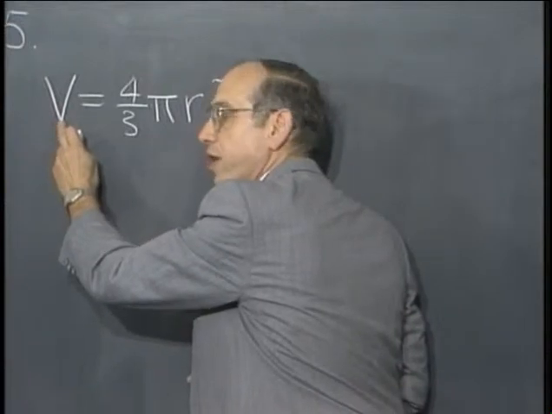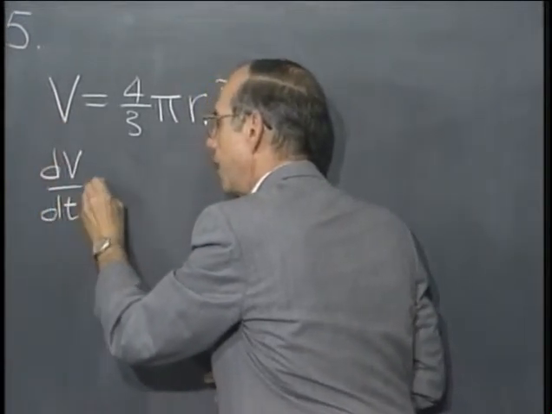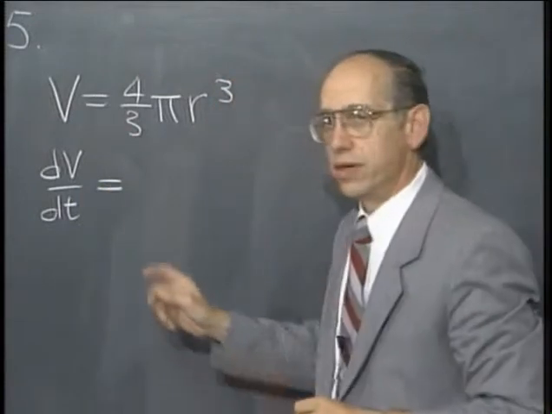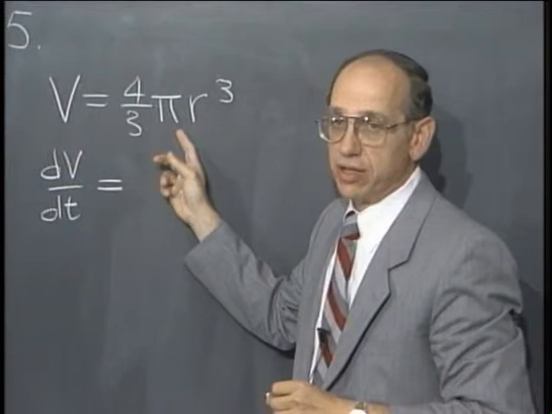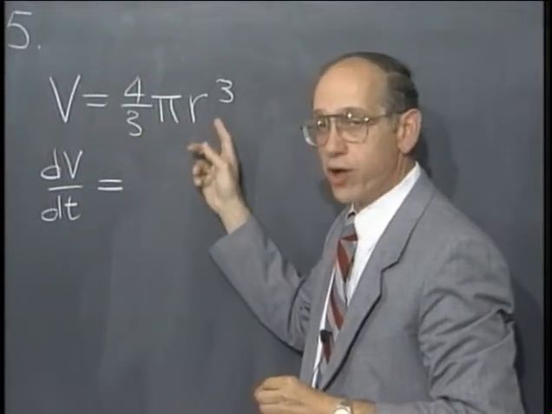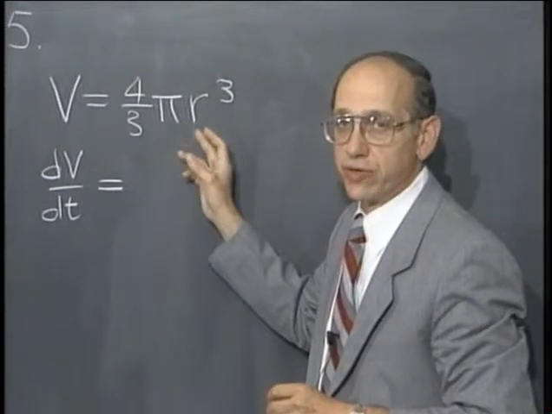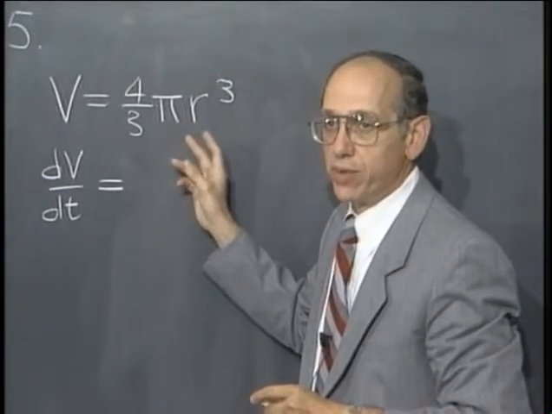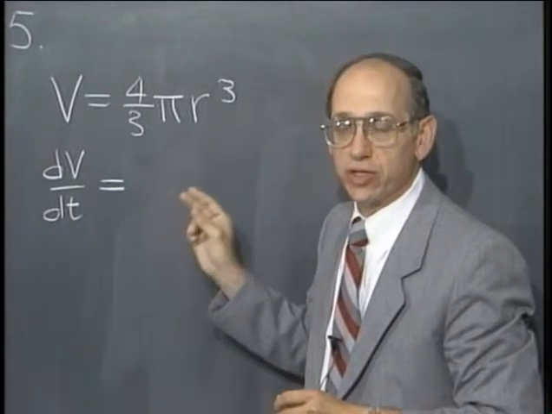The derivative of V is dV/dt. And that's equal to, now, 4/3 is a constant, pi is a constant. So the derivative of 4/3 pi r cubed is simply 4/3 pi times the derivative of r cubed. But you have to remember that the derivative of r cubed is being taken with respect to time.